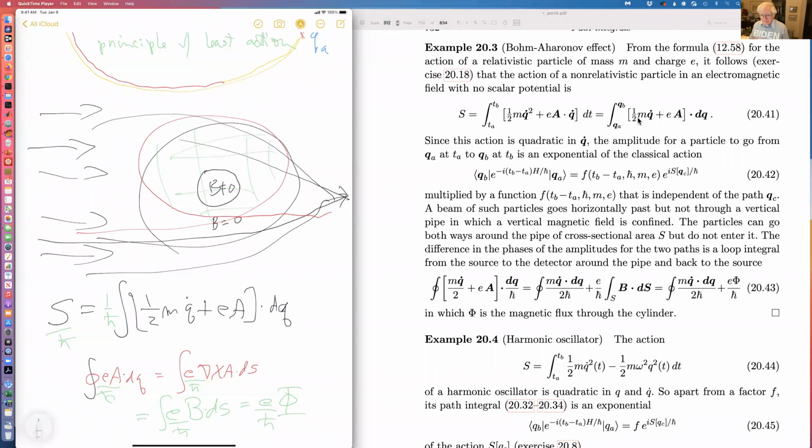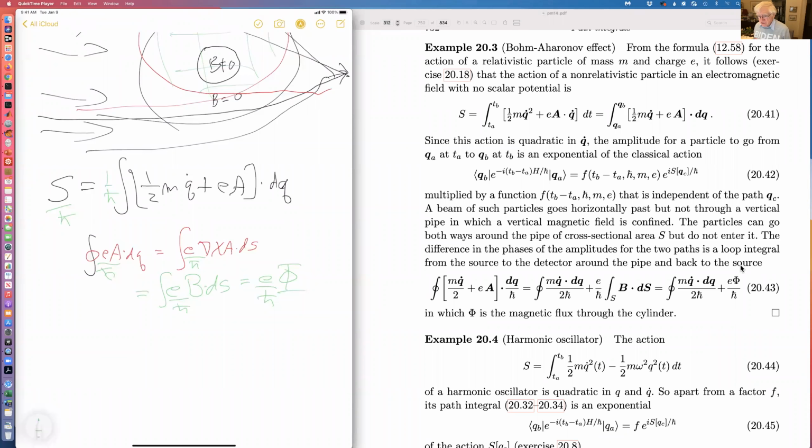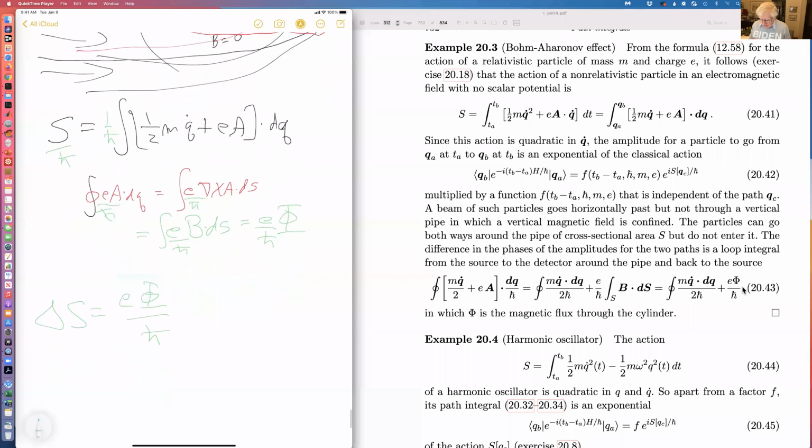And so what you expect then is to see fringes due to an angle like that, which is e phi over h bar. This would be the change in the action for two paths, one of which just went straight past the solenoid and one of which went around the solenoid.